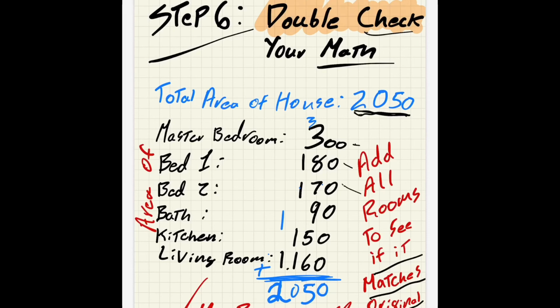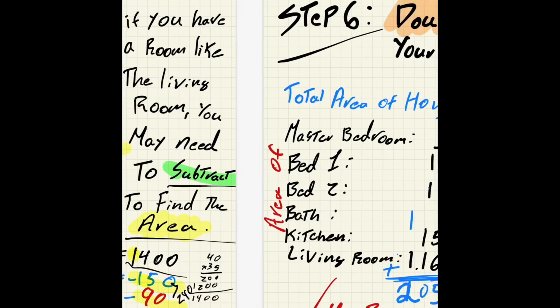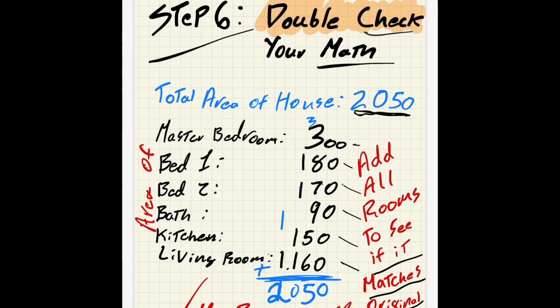My second bedroom was 170. Bathroom was 90. Kitchen was 150. Based off of what I did here back in step 5, my living room's 1,160. So if I add them all up, I get 2,050, which is the same area as I started with. So I can put a big old check there to say that my rooms add up to my original total.